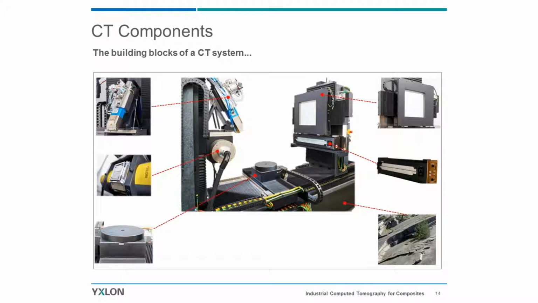And we have a manipulator. In this case, it's a granite-based manipulator for accuracy purposes, but it can be made of other material, steel or aluminum, if the accuracy is not a high demand. Then you typically have an X-ray cabinet or a vault or some sort of X-ray protection and a control unit.